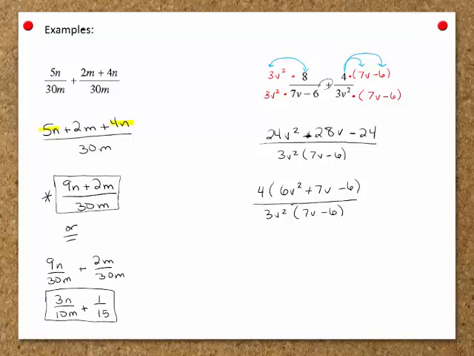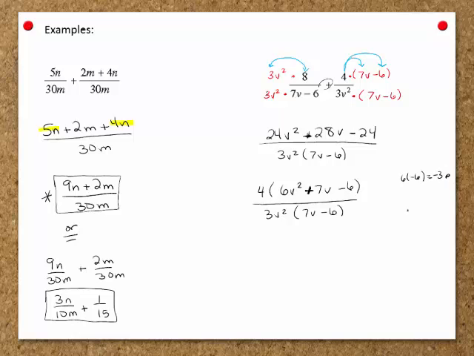Now, you see these 7v minus 6's, and you might be tempted to think, well, I can cancel those. But this is an addition. I can only cancel when they're being multiplied, not when they're being added. So these will not cancel. I now want to check and see if there's any way for me to factor this. So I'll have the 6 times negative 6, which will give me negative 36.